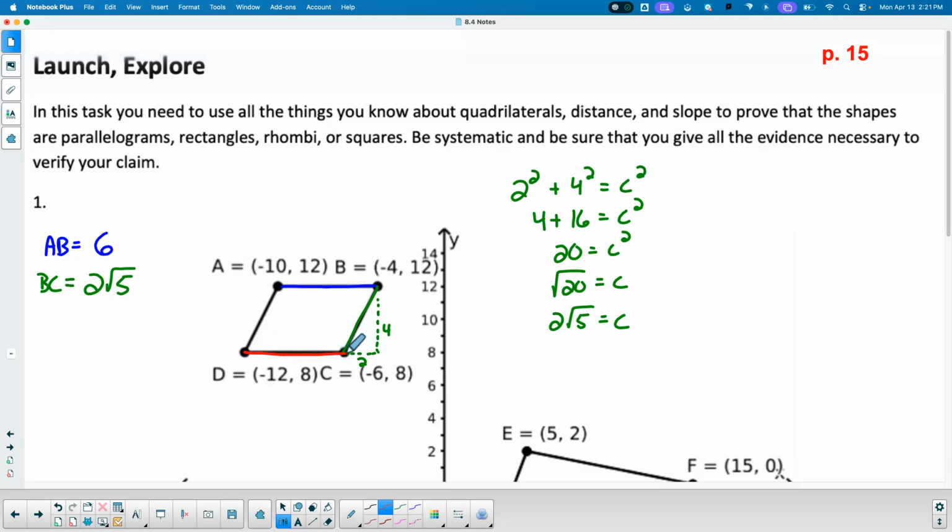CD. 6? AD. What do you got? Because it's got a triangle again of 4 and 2.